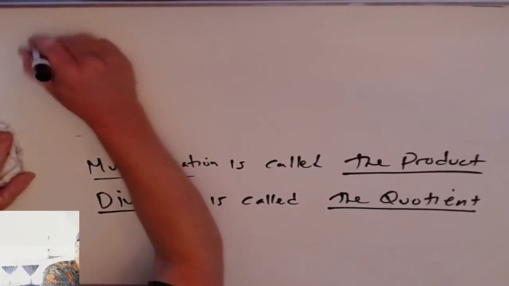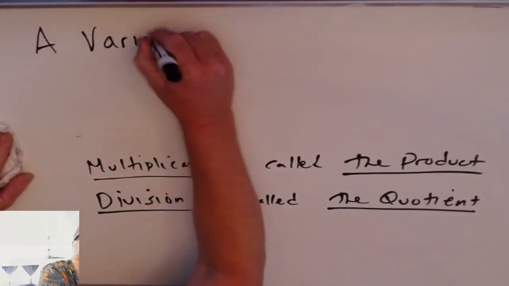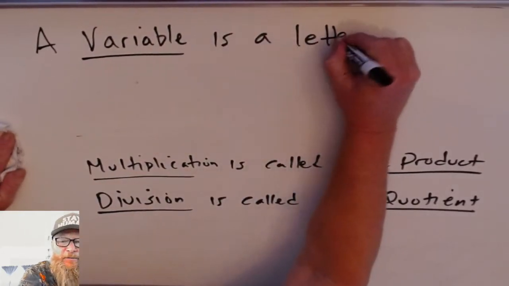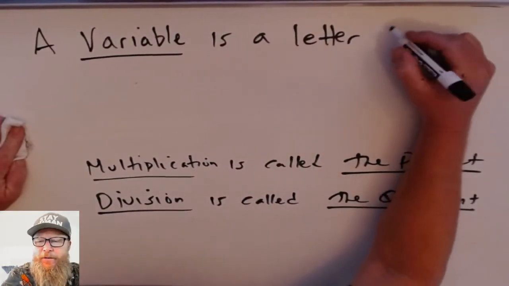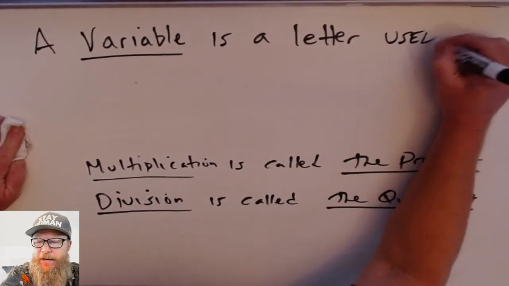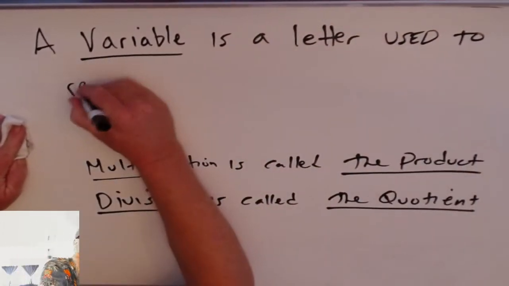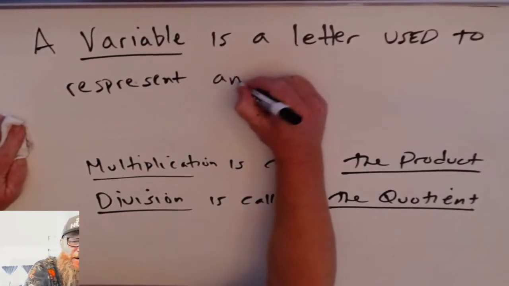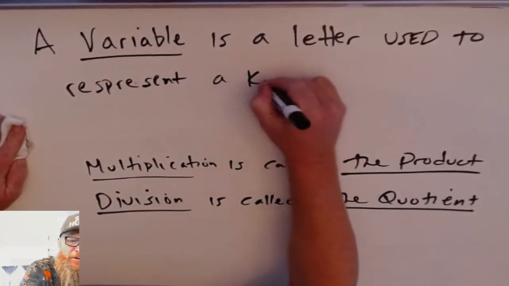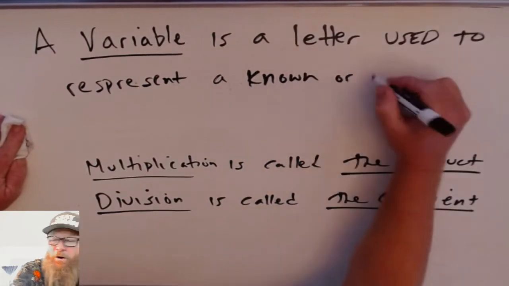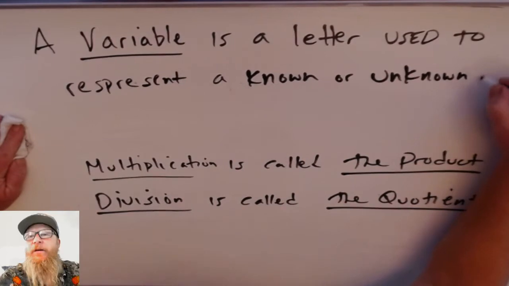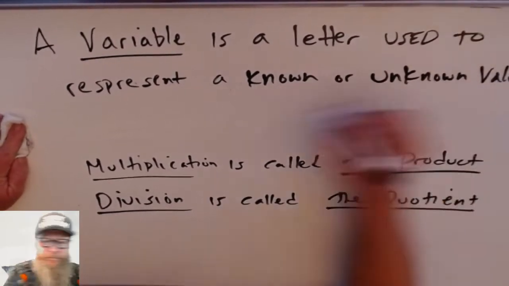A variable is a letter used to represent a known or unknown value or number.